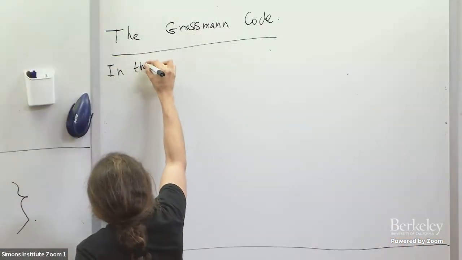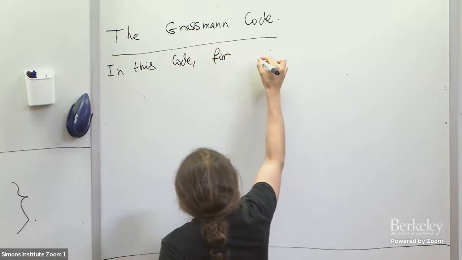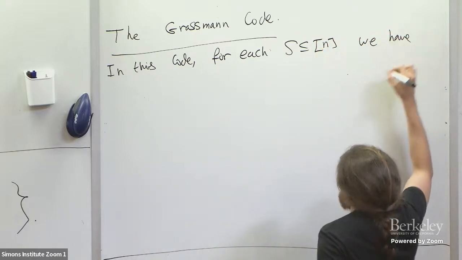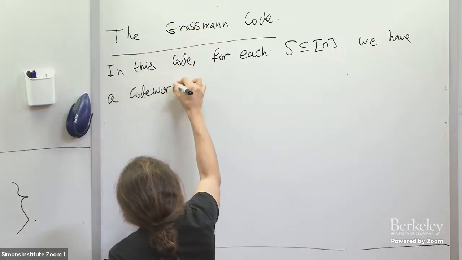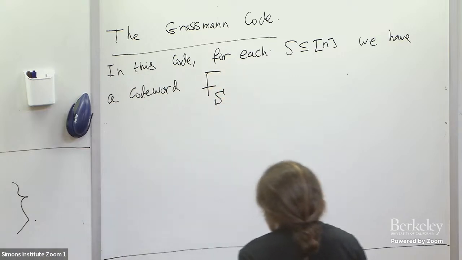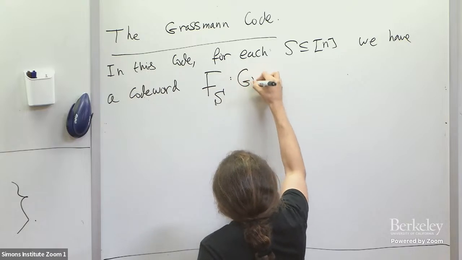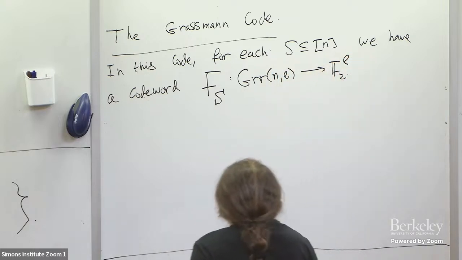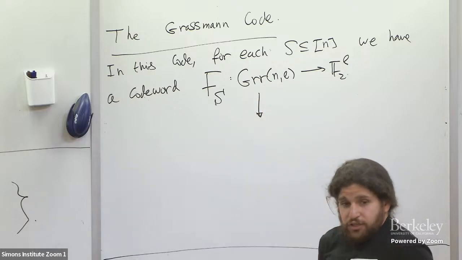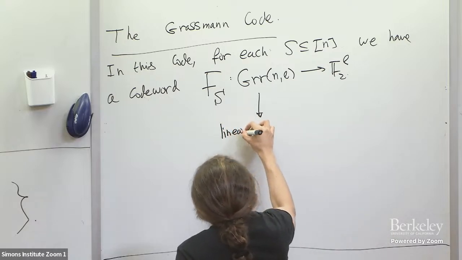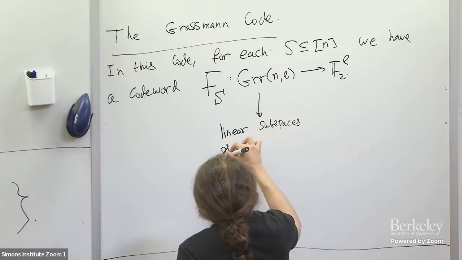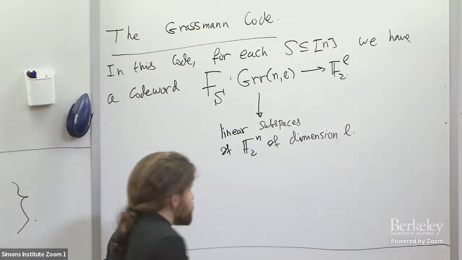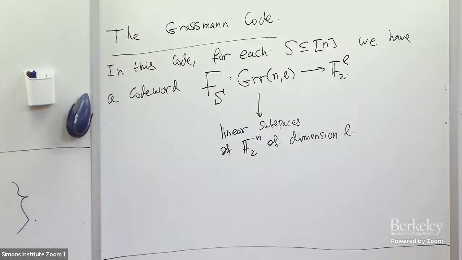Each subset, we have a code word. You can think of this code word as we're going to denote it by capital F sub S. It's going to map what I'm going to denote by grass of N, L, which is my notation for subspaces of dimension L of F2 to the N, to F2 to the L. So to each subspace, it's going to assign some linear function on it.